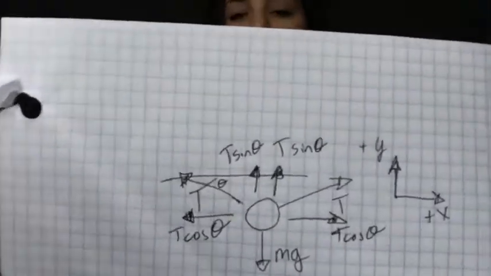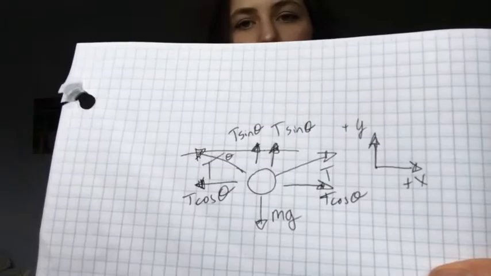So the x components are T cosine theta and the y components are T sine theta. We know this isn't moving, so there's zero net force in both the x and y directions. So the T cosine theta terms, the two are going in opposite directions, so they cancel each other out.